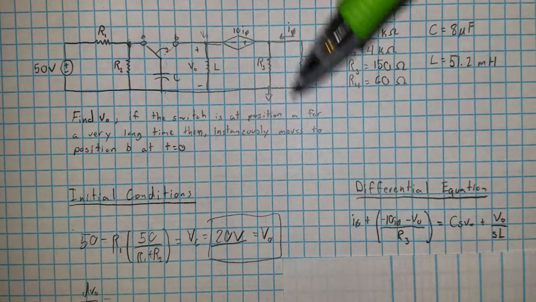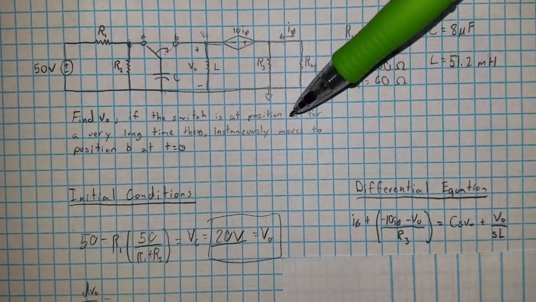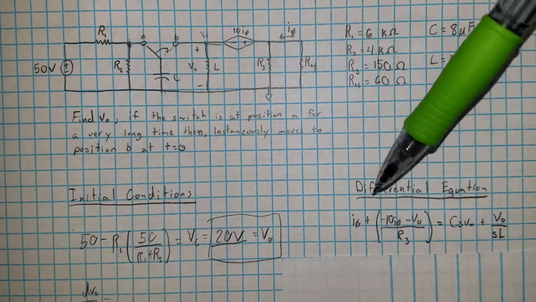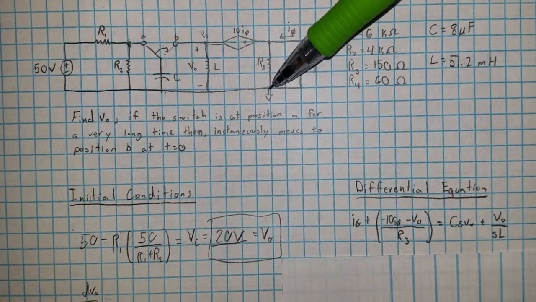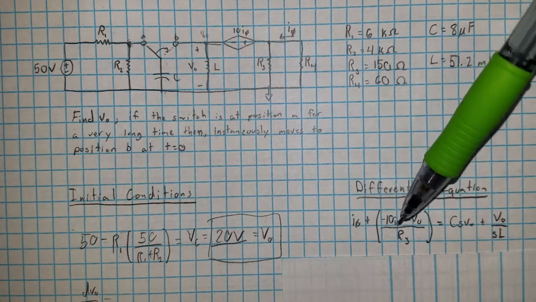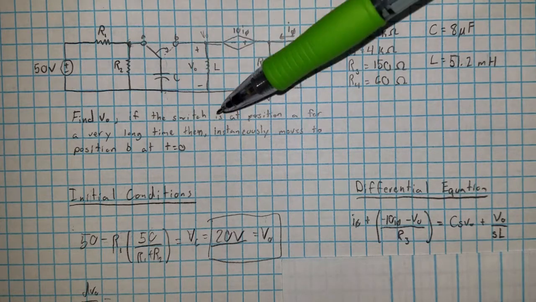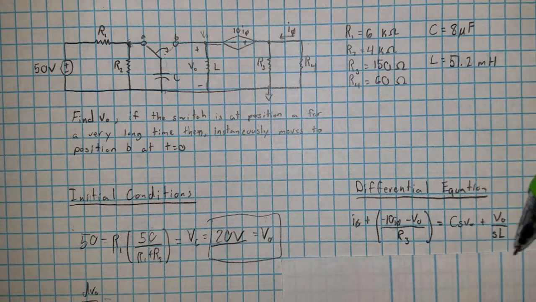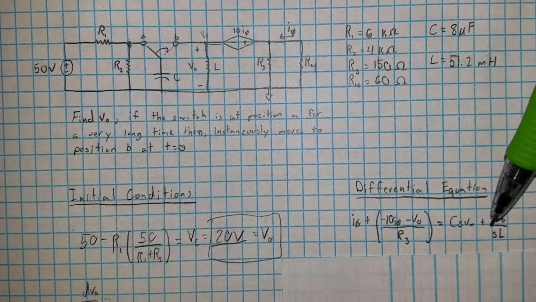So I set I phi, the sum of these two currents across R3 and R4, I phi plus minus 10 I phi minus V naught, that's what this voltage is here if I set this to 0, divided by R3, is equal to the current across the inductor, which is V naught over SL, plus the current through the capacitor, which is CS V naught. And S is just our derivative operator.